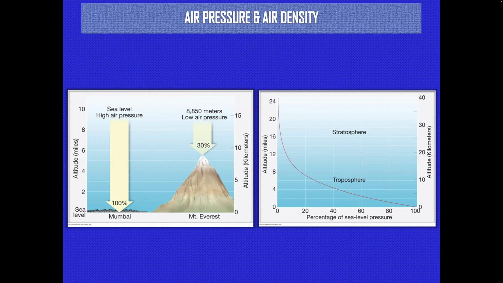And so, if you are a mountain climber, it is difficult to breathe at this elevation because there are so few air molecules around compared to sea level. Your body isn't used to dealing with that.